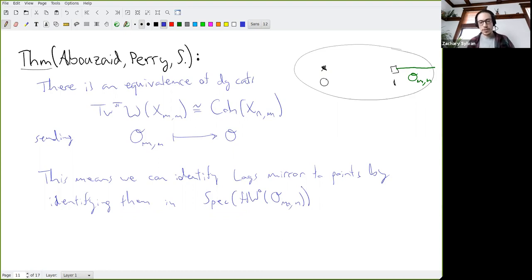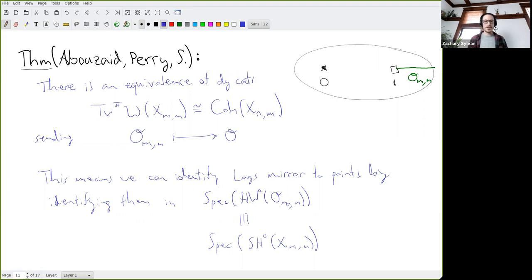And by open-closed mirror symmetry, this is the same thing as Spec of SH^0 of X_{mn}. You can see it ties a little bit into what Yoel talked about, but the closed-open map just gives us a canonical isomorphism between these creatures.